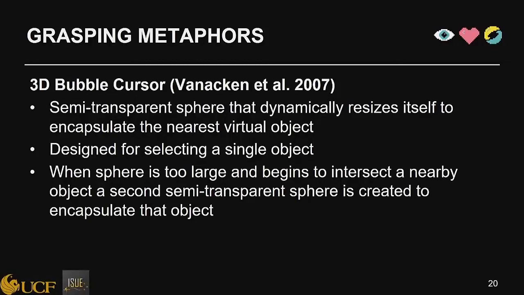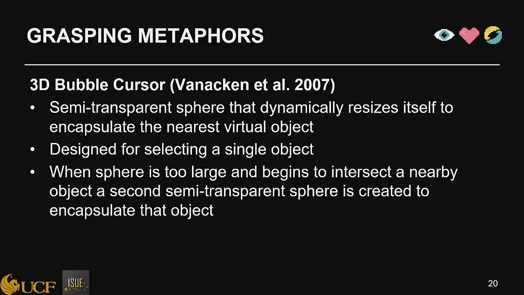So the 3D bubble cursor is an example of a cursor that tries to help you in selecting objects. And what it does is it's basically a semi-transparent sphere that will dynamically change its shape to encapsulate the nearest virtual object in the scene. Okay, and it's designed for selecting a single object, but what it does is it gives you a little bit of a grace space, if you will.